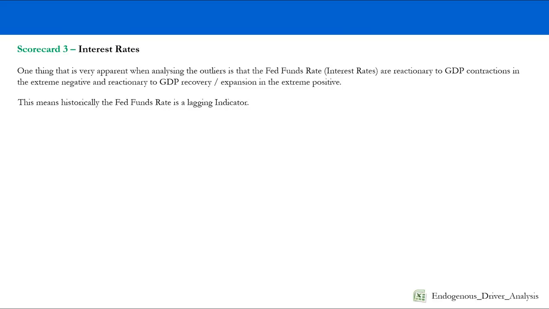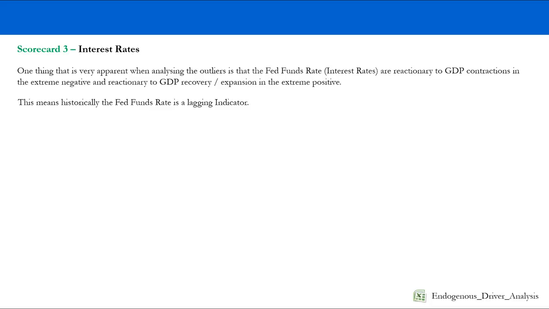Well, one thing that's very apparent when analyzing the outliers is that the Fed funds rate, so interest rates, are absolutely reactionary to GDP contractions in the extreme negative and reactionary to GDP recovery in the extreme positive. And overall, just to cement this, it basically means historically that the Fed's fund rate is a lagging indicator.